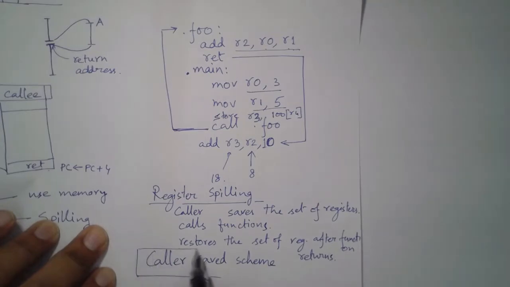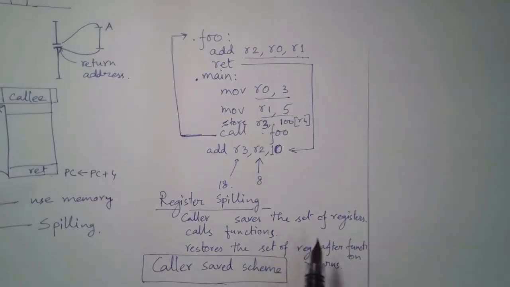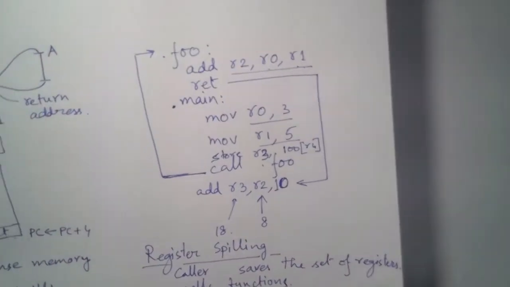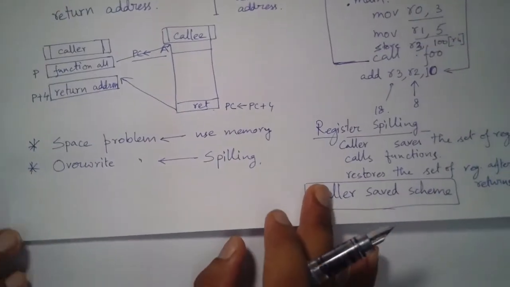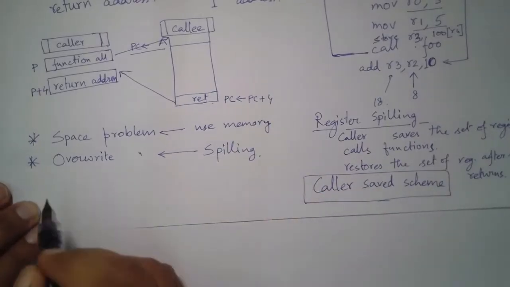Caller saved scheme means basically the caller is taking care of the responsibility of storing the registers before the function is called. There can be another alternative, which, as you can possibly intuitively guess, is called the callee saved scheme.